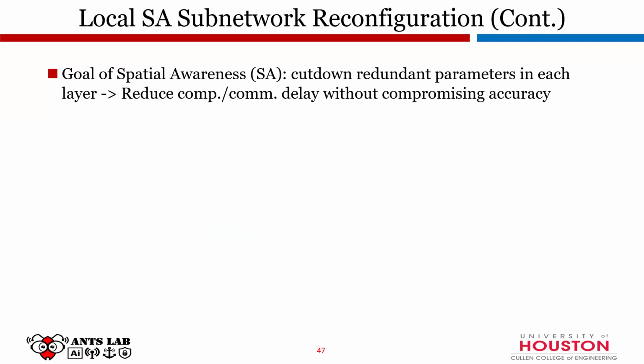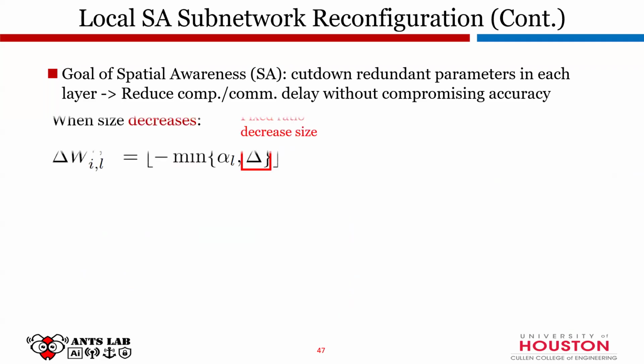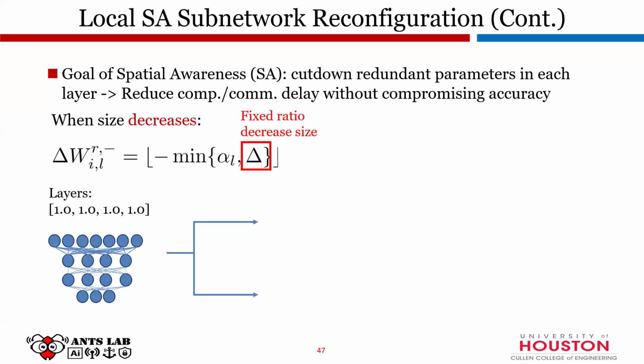To talk about another case, when the size decreases. So here you can see it is replaced by another one where the fixed ratio is still really similar. But let's take a look at if the layers start from 1.0.